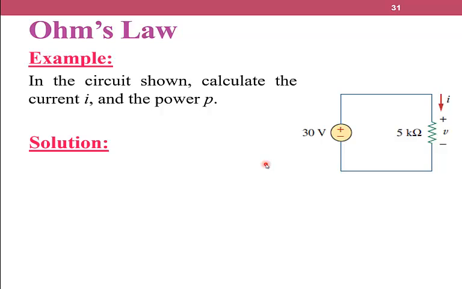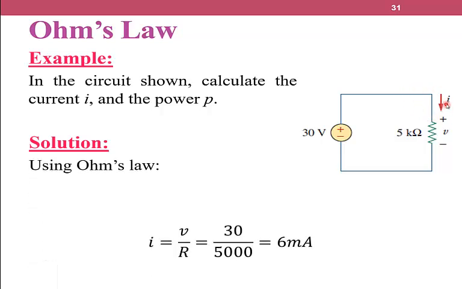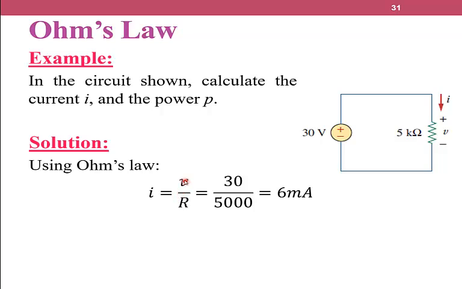This is an example of Ohm's law. In this circuit, we are going to calculate the current and power. Here we have a battery, 30 volt, we have a resistance of 5 kilo ohm, and we have a current. It is very simple using Ohm's law, I equals V over R. So the voltage is 30 and R is 5000.